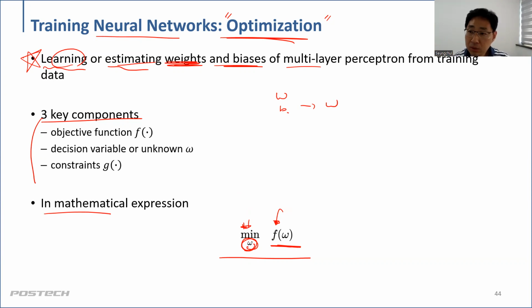One thing I want to point out is that a neural net has this kind of structure, with all the omegas, so it's parameterized. That's why we are able to define all the decision variables.